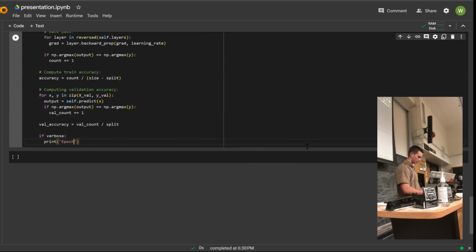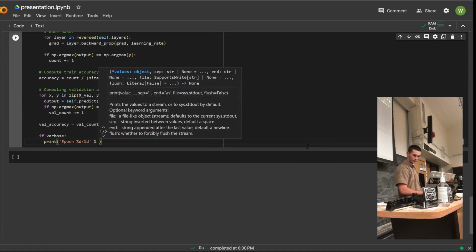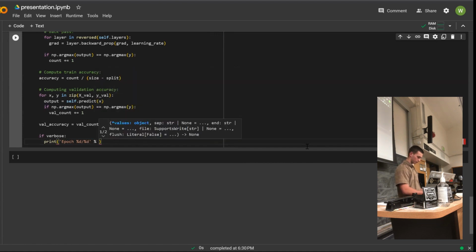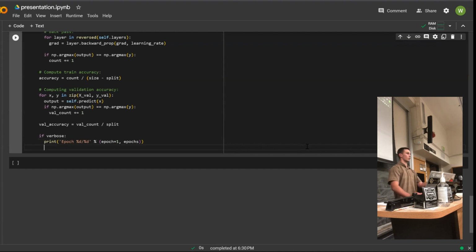So this is going to be epoch, right? So this is just saying we're at epoch, say 1 out of 30. And this is going to tell us what our training and validation accuracy are.